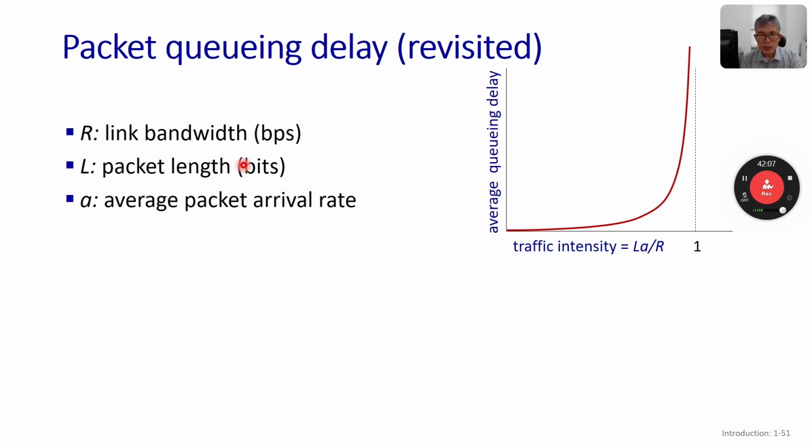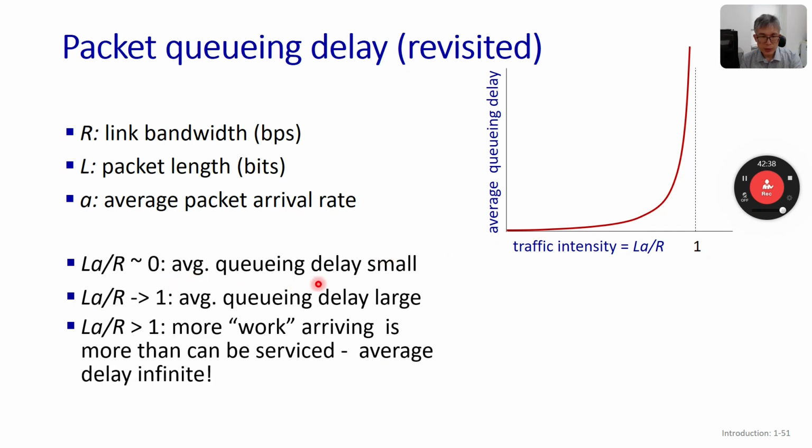L is the packet length and a is the packet arrival rate, times per unit time, so these packets arrive at the router. The service rate is R. If the denominator R is larger than the numerator, no problem. If it is small, fine, but close to 1, a problem happens.